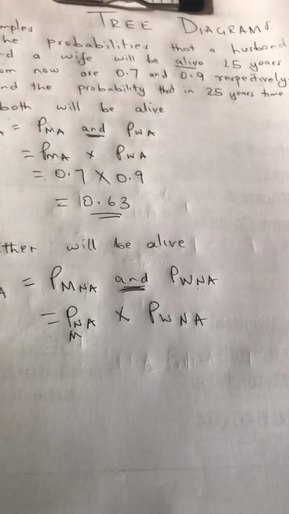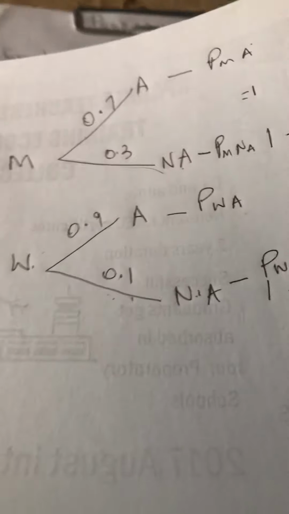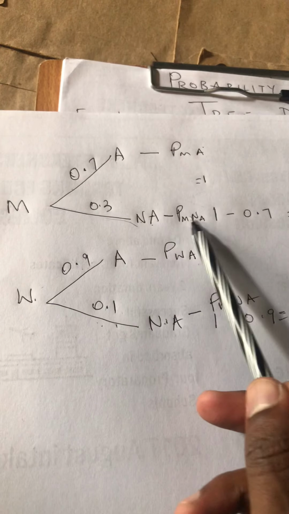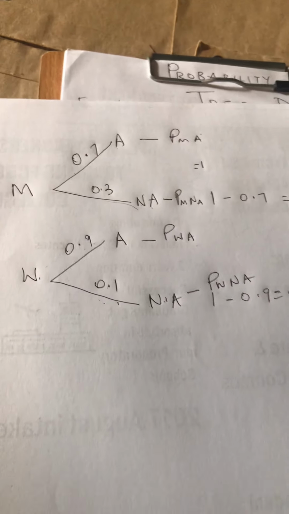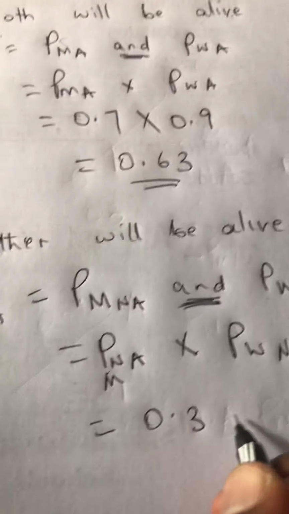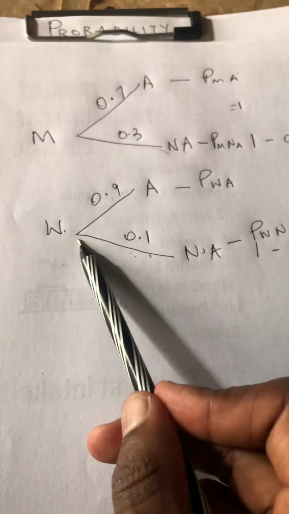So back to our tree diagram, ladies and gentlemen. Probability man not alive, we already got 0.3. So this equals 0.3 multiplied by probability wife not alive. Probability wife not alive is 0.1.